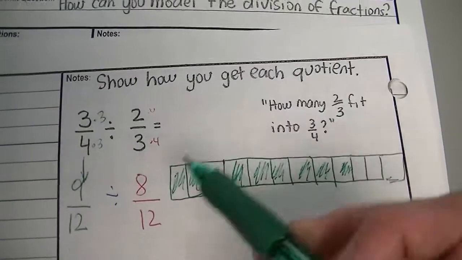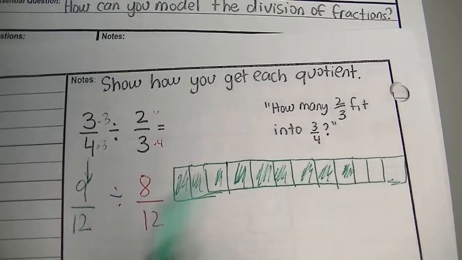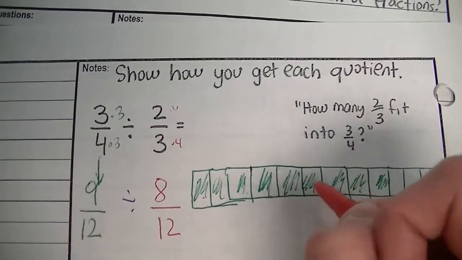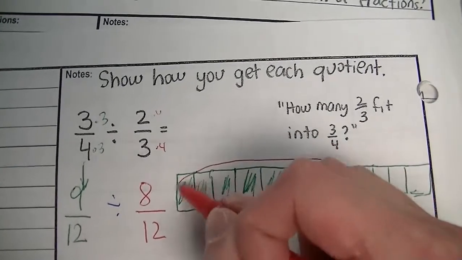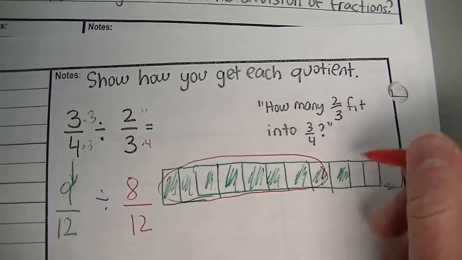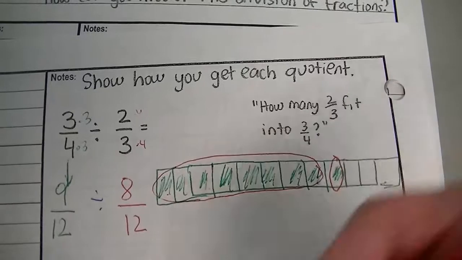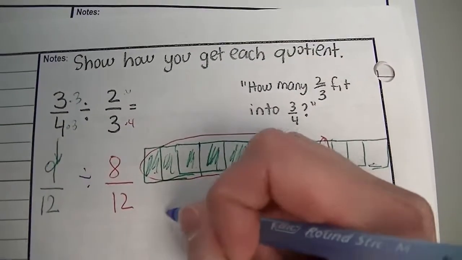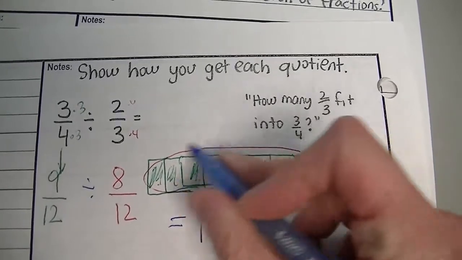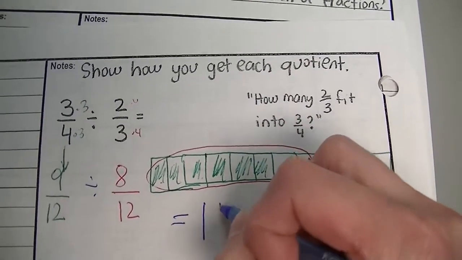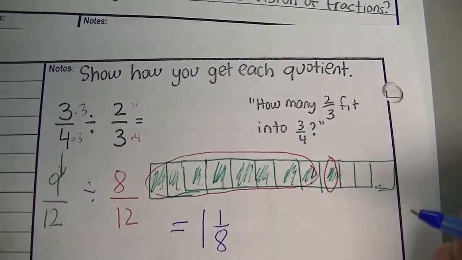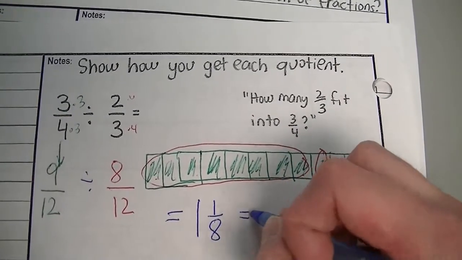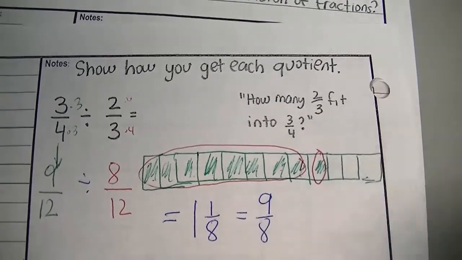And I need to know how many times 8/12 fits into that. So 1, 2, 3, 4. There's 8/12, and then there's one little 12th left over. So this would equal 1 whole and 1/8, which is also 9/8.